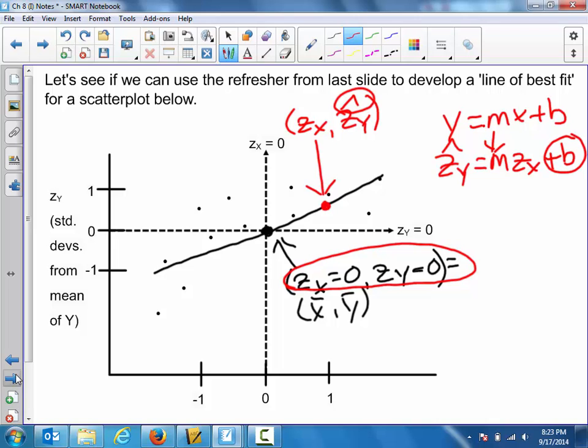Well, if you're trying to find your y-intercept and you plug in 0 right here, that middle term directly to the right of the equal sign falls out entirely, and you would just get 0 equals b. So we have the following. The predicted z-scores in y are equal to the slope of our black line times the number of standard deviations from the mean in x. And b has fallen out because it would just be 0.